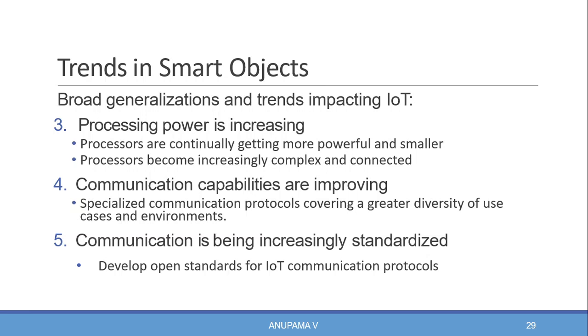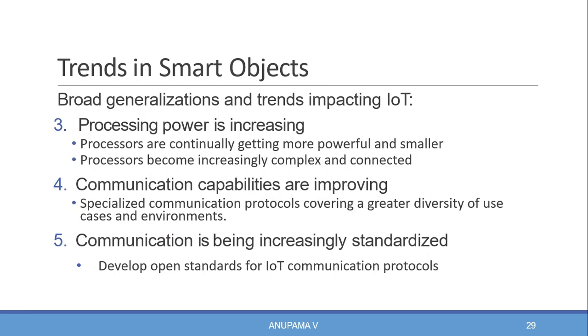The fourth trend in smart objects is communication capabilities are improving. Specialized communication protocols covering a great diversity of use cases and environments make the communication capabilities improve. Communication is being increasingly standardized.